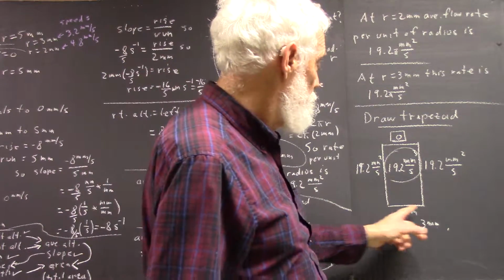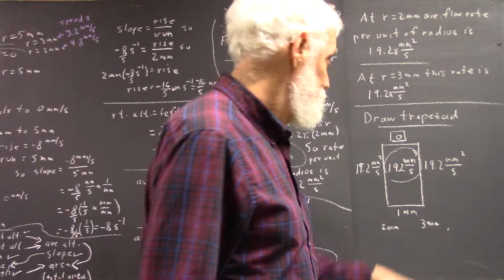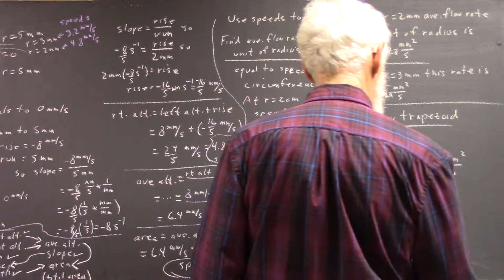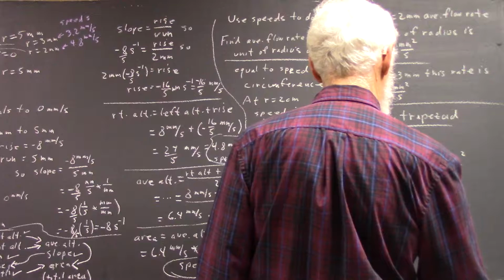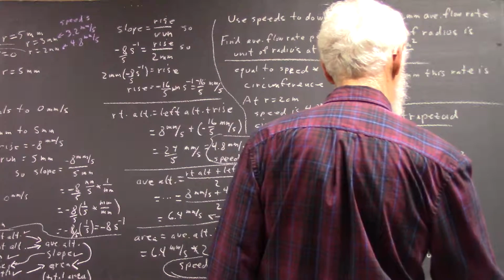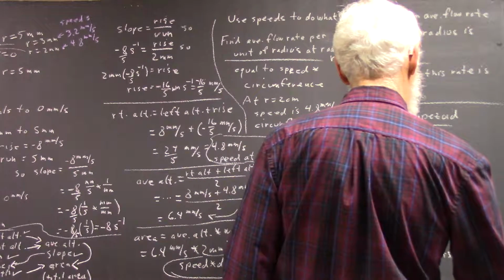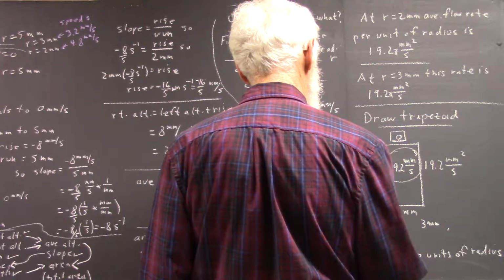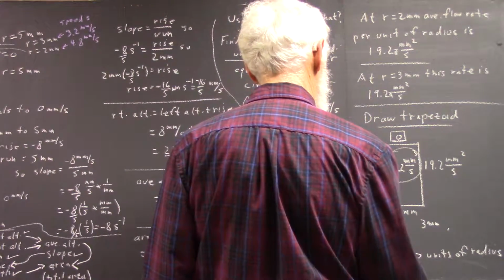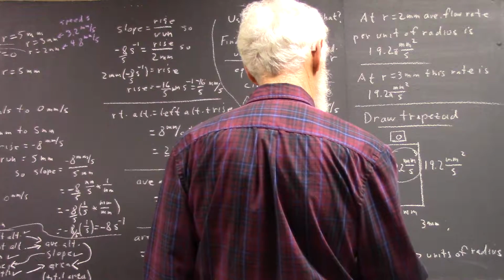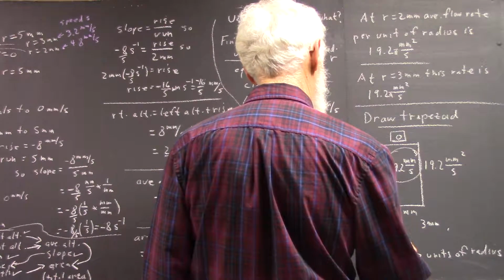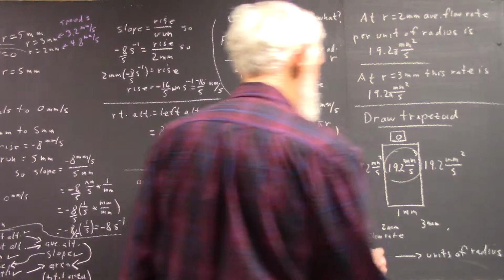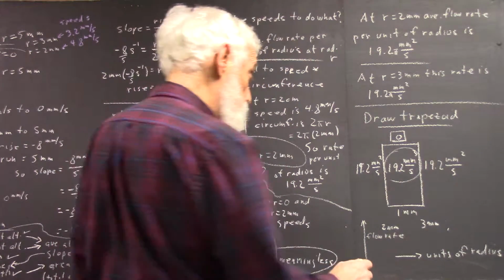Here we have units of radius, and up here we have flow rate per unit of radius.